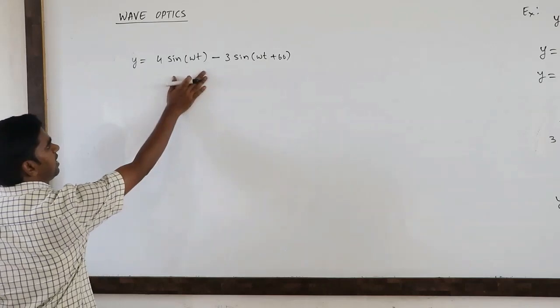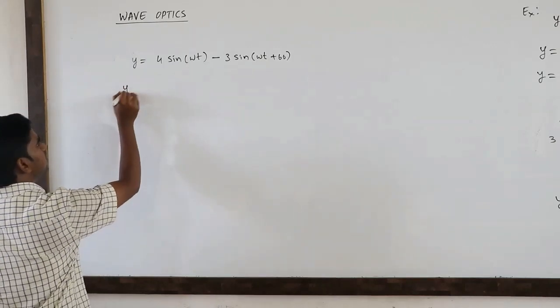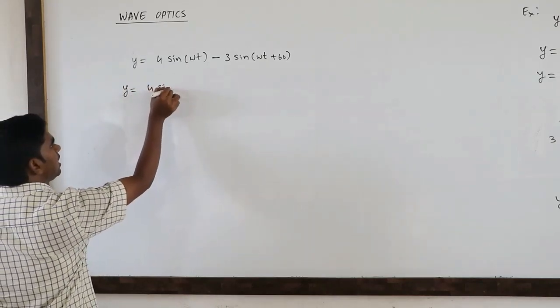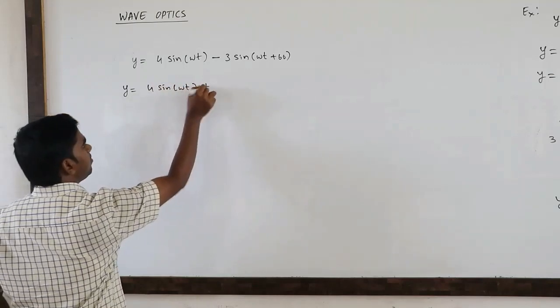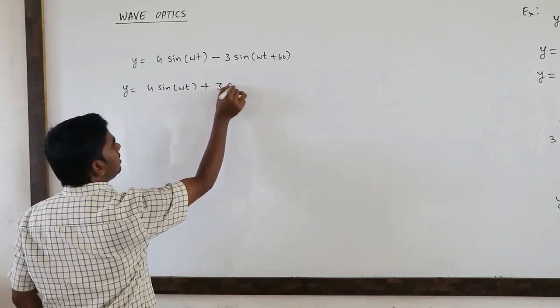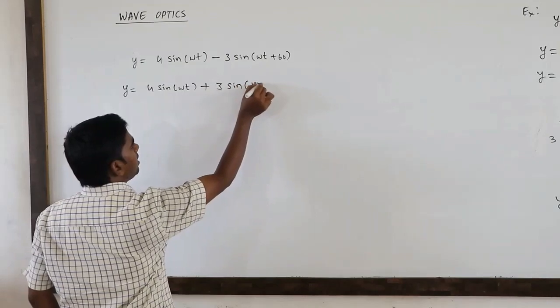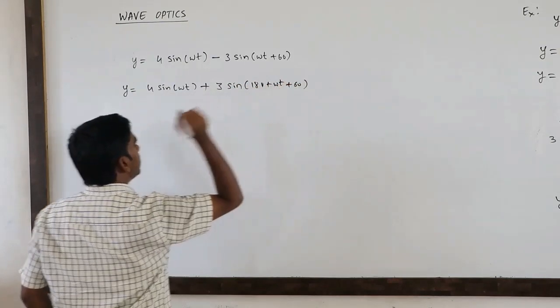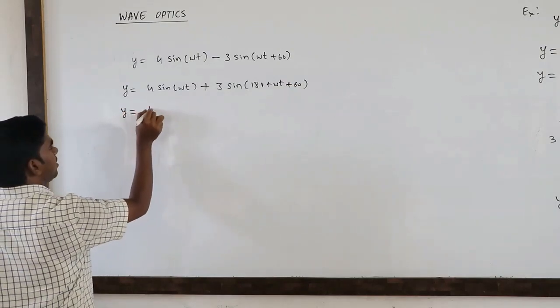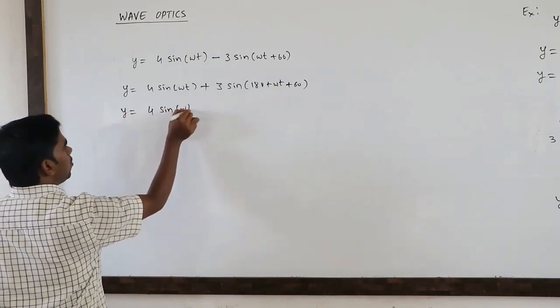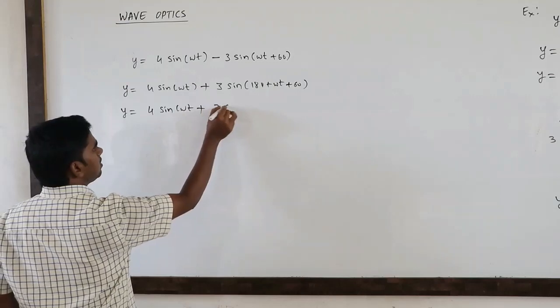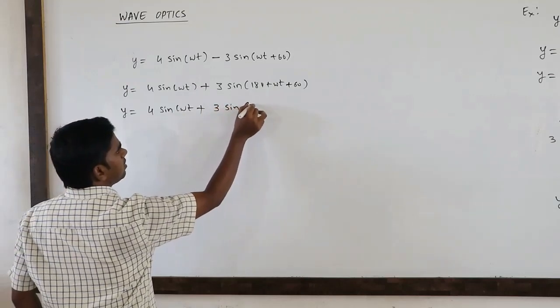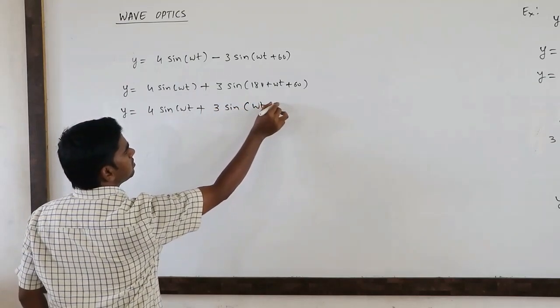It is not in standard form, so we have to write it in standard form. So the standard form is 4 sin omega t plus 3 sin of 180 plus omega t plus 60.